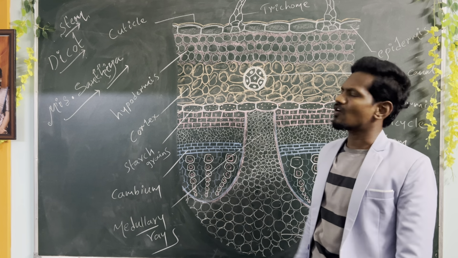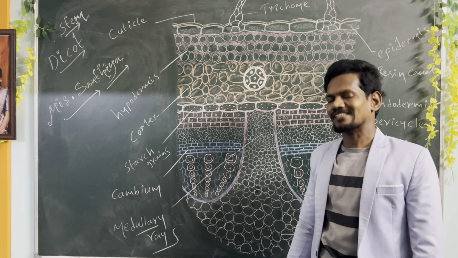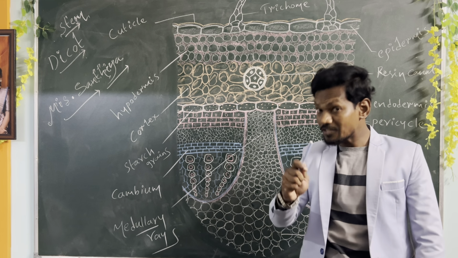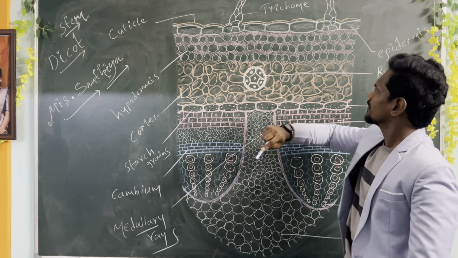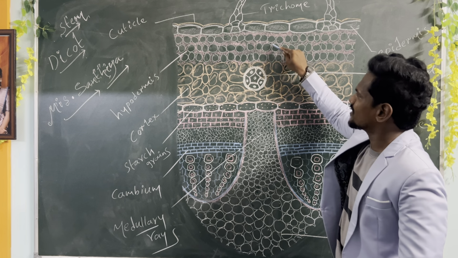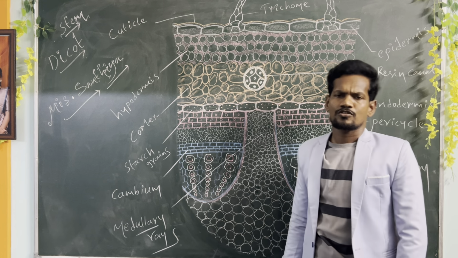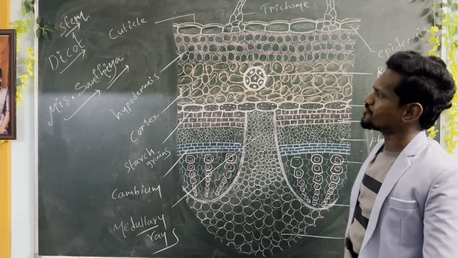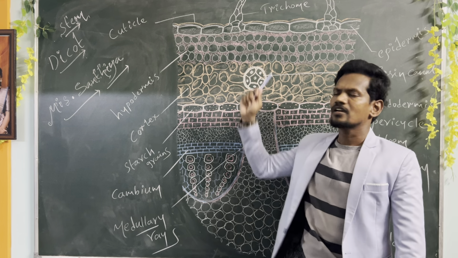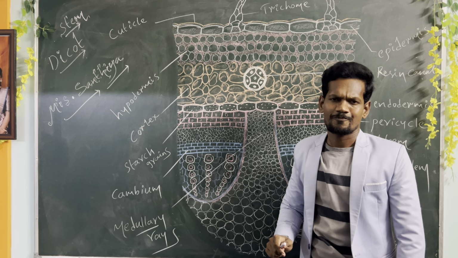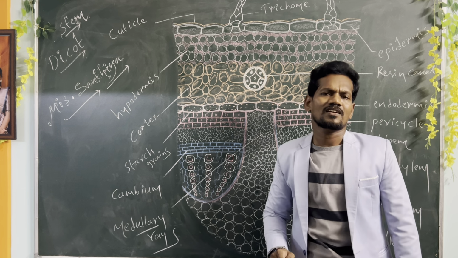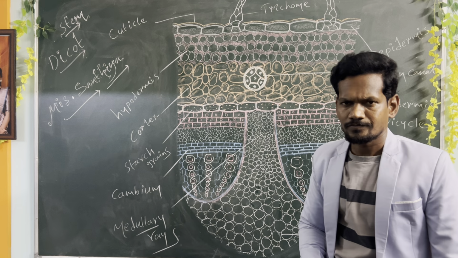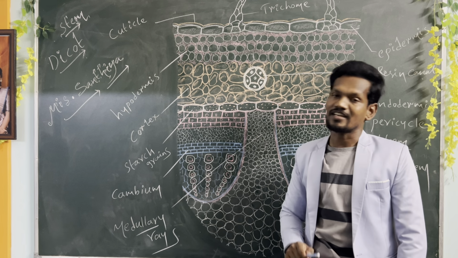In stem also cortex has 3 subregions or subparts. First one, hypodermis: just below the epidermis, 2 to 3 or 3 to 4 layers of cells are arranged. These cells are collenchymatous, nothing but collenchyma, not parenchyma, collenchyma.